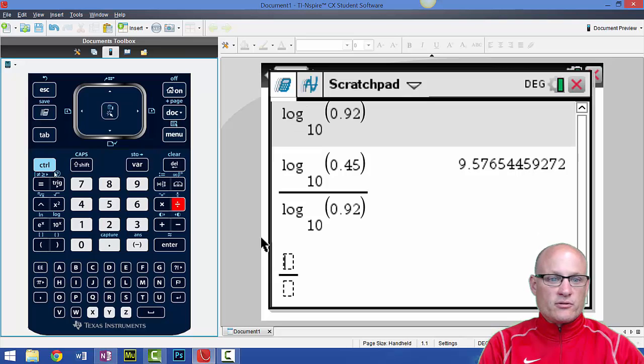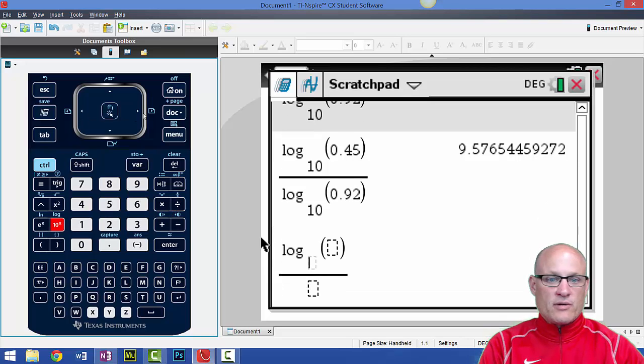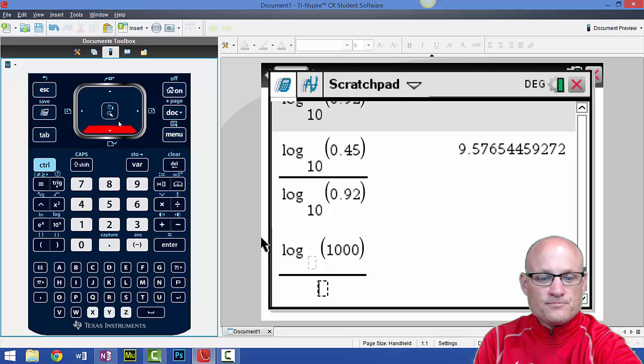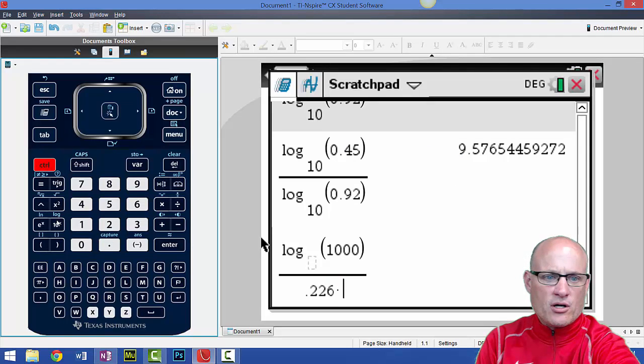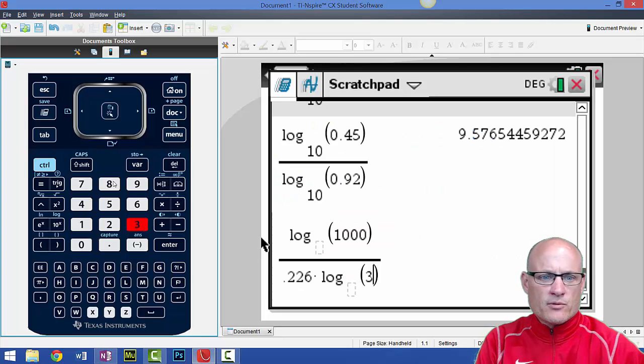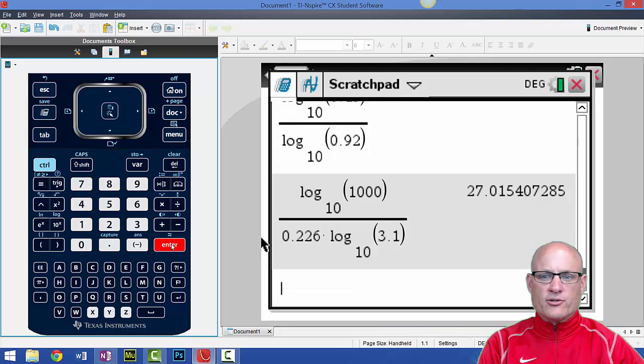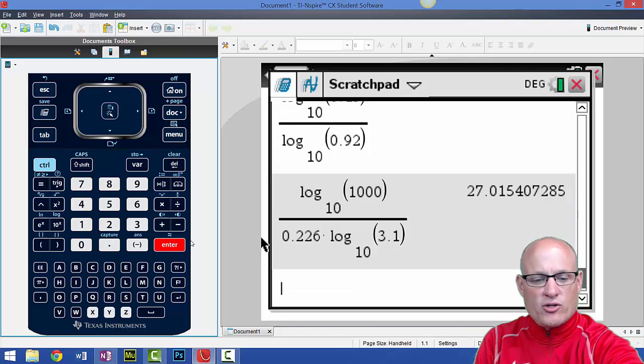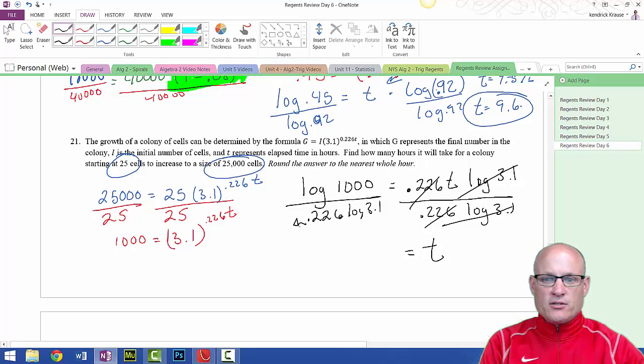Control division, control log. By the way, I don't have to put the 10 down there, it's understood to be there. 1,000 all over 0.226 times the log of 3.1. Enter. 27.015.